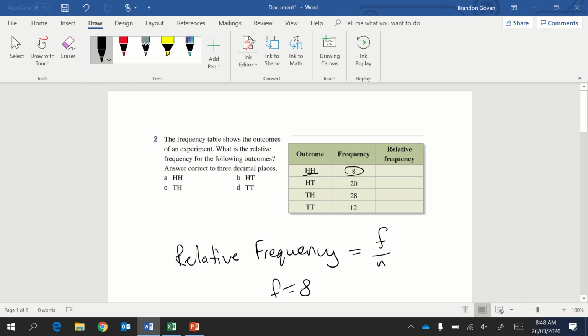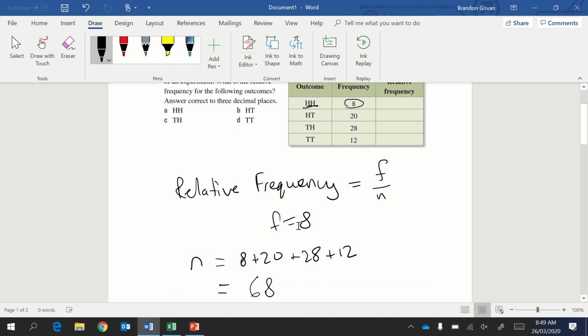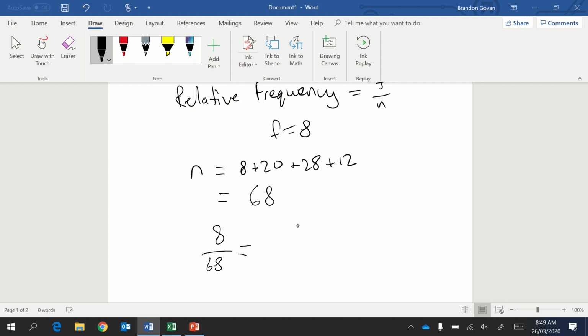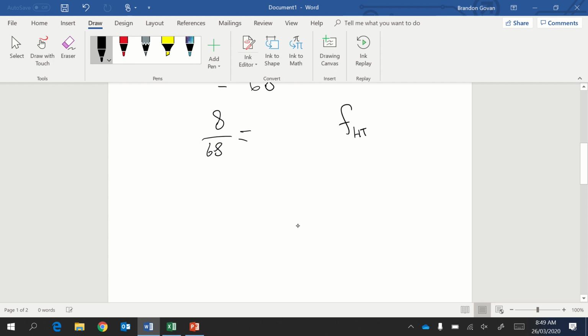Let's do part B as well, just so we're sure that we have this down pat. Our outcome for HT: F for HT is 20. That comes straight from the table again.